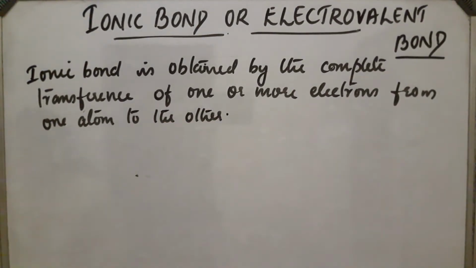Okay, so during this process, both the atoms acquire an octet. So one atom loses its electron and the other atom gains electrons.